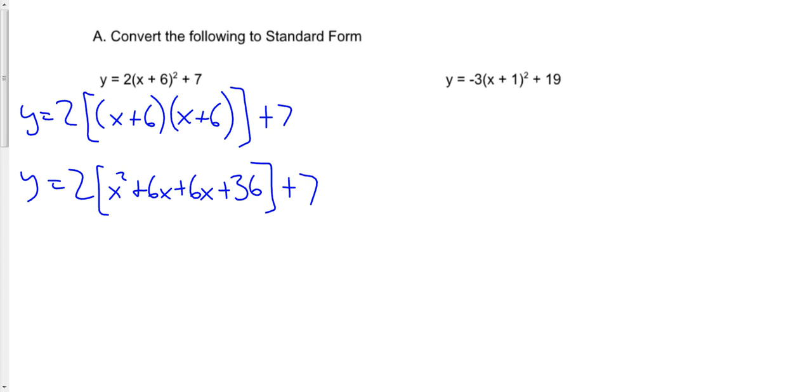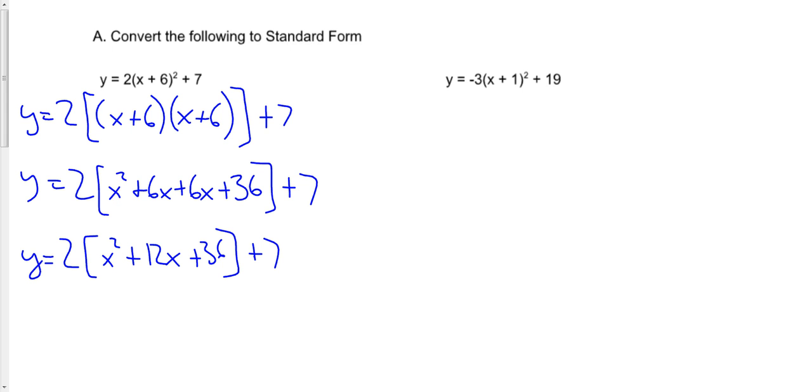So I'm going to also collect my like terms now. So I've got 2 times x squared plus 12x plus 36. That's all in brackets. And then finally plus 7.